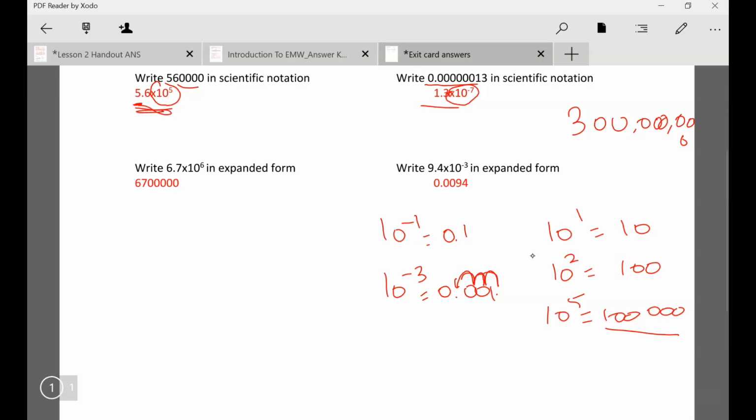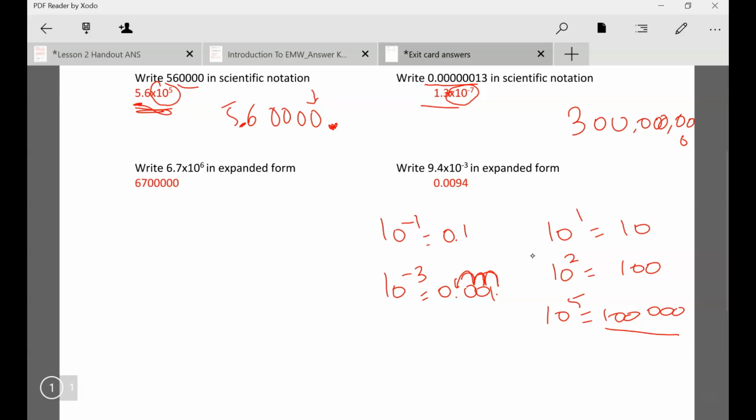Practically, how this works: we put the decimal point. Right now, if I just write 5, 6, and 4 zeros, the decimal point comes after the 4 zeros, at the end of the number. This is the ones place right here, so the decimal point comes after that. Scientific notation means that the decimal point has to be after the first digit, so we want the decimal point over here.